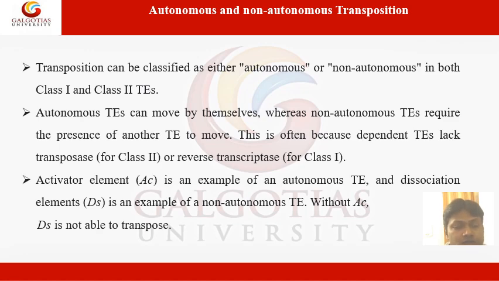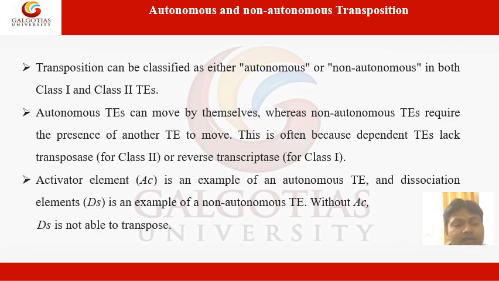The autonomous transposable elements can move by themselves, whereas the non-autonomous transposable elements require the presence of another transposable element for movement. This is often because they are dependent transposable elements and lack the transposase enzyme or the reverse transcriptase enzyme for class 1, and the transposase for class 2.